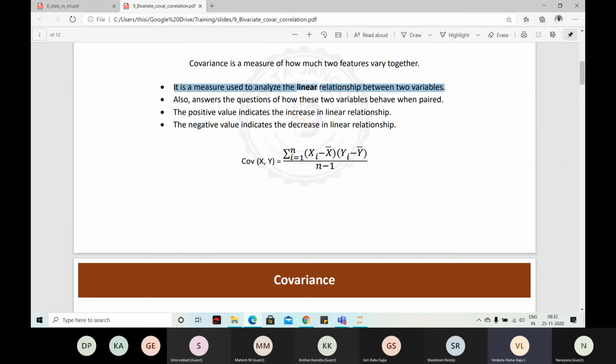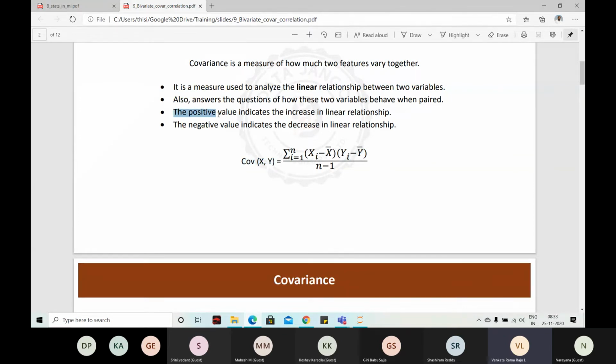This is very important, the word linear. I highlighted it. Covariance quantifies the linear relationship between two variables. It also answers the question of how these two variables behave when paired. When they are together, how they behave can also be understood by calculating this numerical value, a statistic.